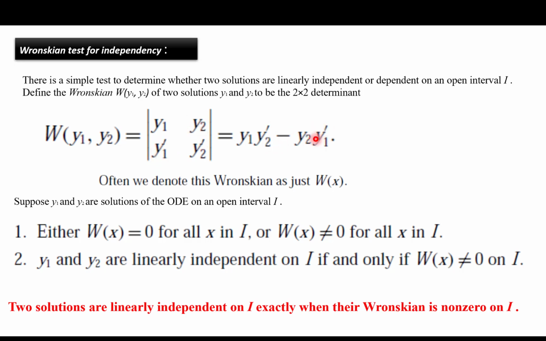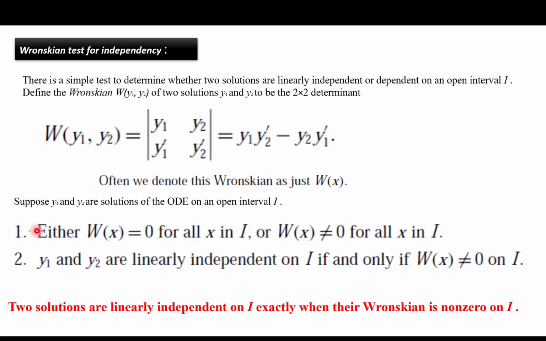Okay, we are going to check this value. If the value of this Wronskian or determinant is non-zero, then y1 and y2 are going to be independent.